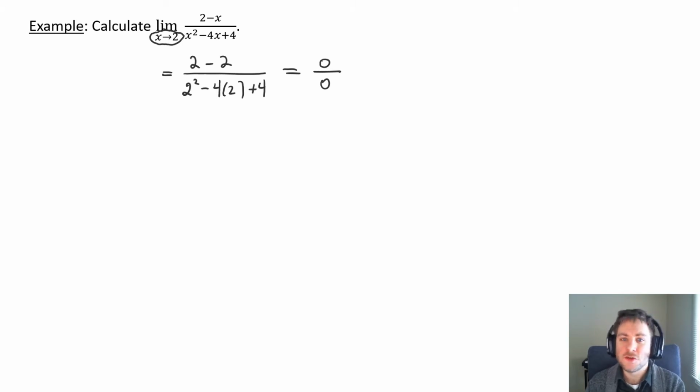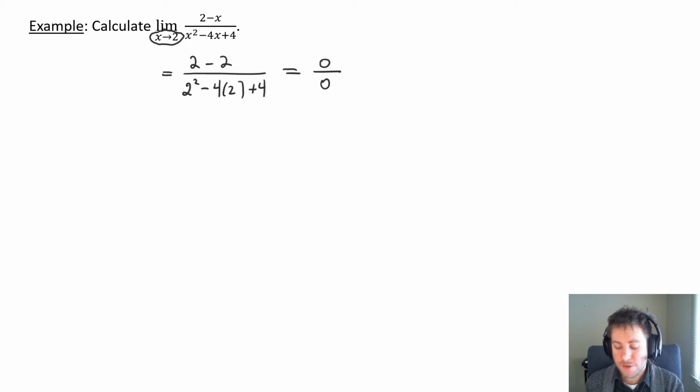What a lot of students do wrong at this stage is they say, well, we can't divide by 0, so this is undefined. Again, that is wrong, because when we take a limit, it's important to understand that the 2 we plugged in wasn't actually 2. It was representative of a number which is getting closer to 2. And that means our denominator doesn't actually have a value of 0, it's just getting closer to 0.